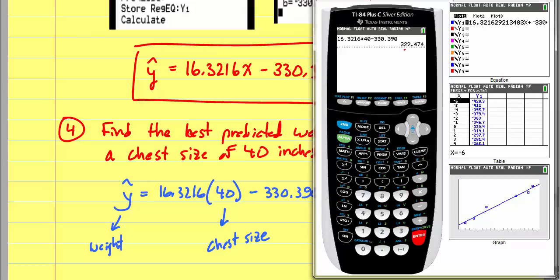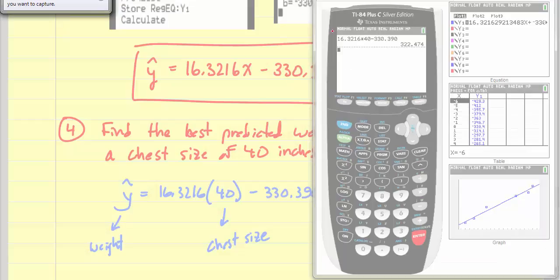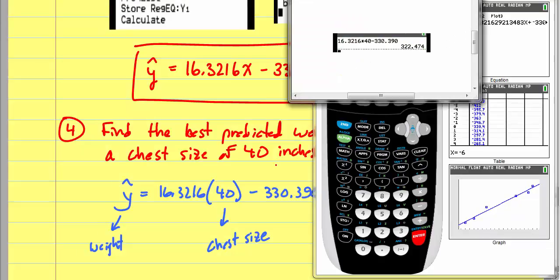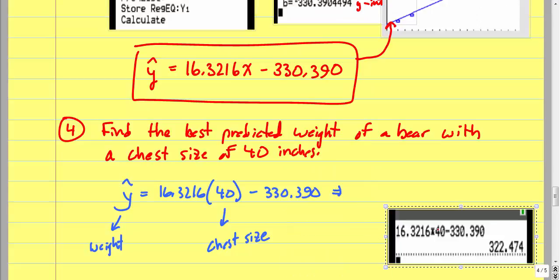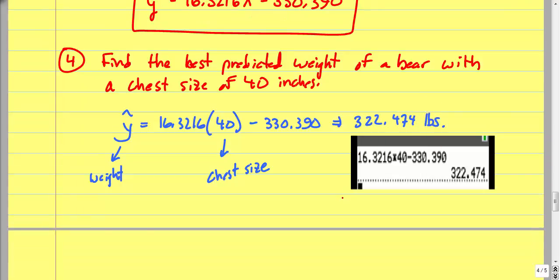And so here we can see 322. Now this is weight, so this is pounds. So 322.474 pounds. Now be careful, make sure you round as My Math Lab is asking you to.